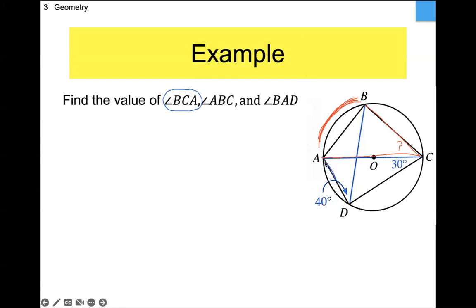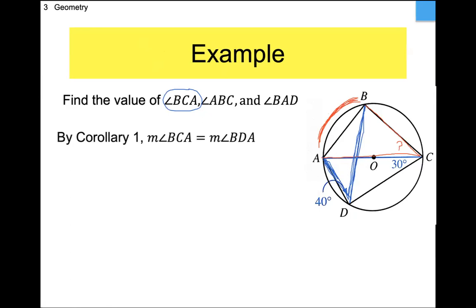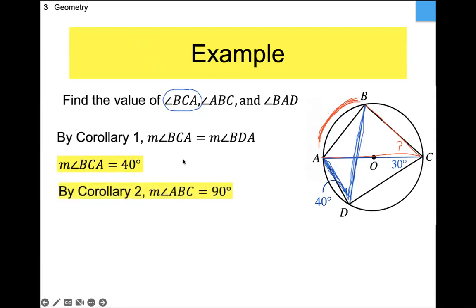We see that that is also this angle right here. So angle D also makes that same arc, right? And if angle D is 40, then the arc has got to be double that, right?